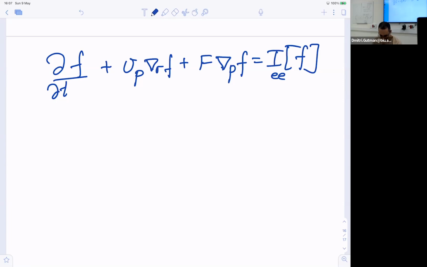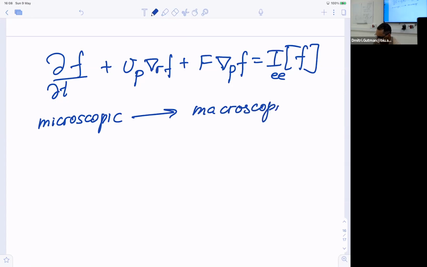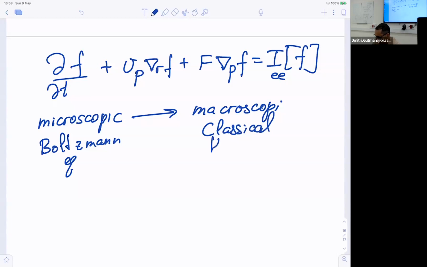We want to derive a less microscopic, more macroscopic equation, which is the hydrodynamics of electrons. So the logic is that we're going from something microscopic, the Boltzmann equation, towards something macroscopic, classical hydrodynamics.